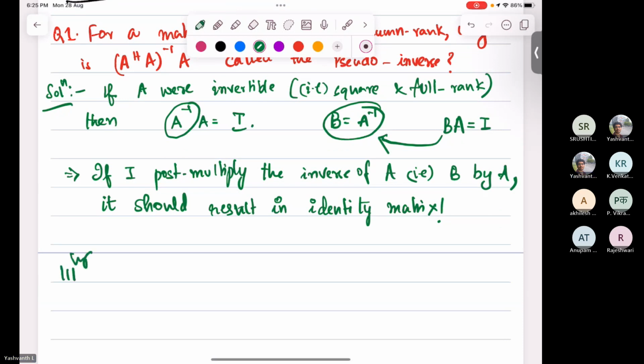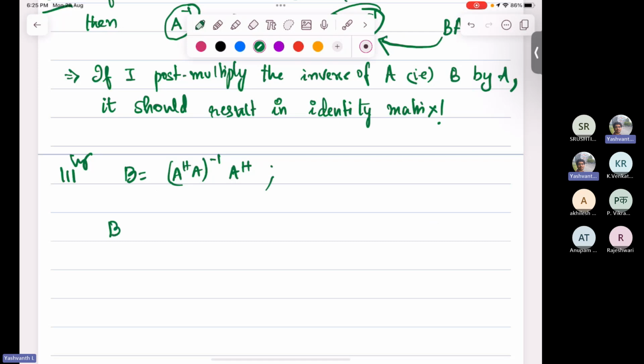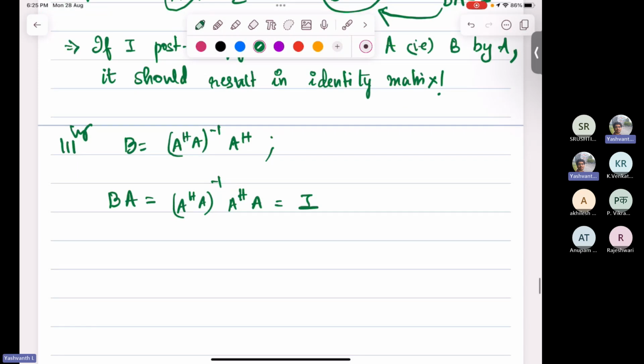Similarly, if I call B equal to (A Hermitian A) the whole inverse, A Hermitian, can anyone tell me what is B times A? I. Exactly. It's equal to I. So I found a matrix B such that BA equals I. Correct?